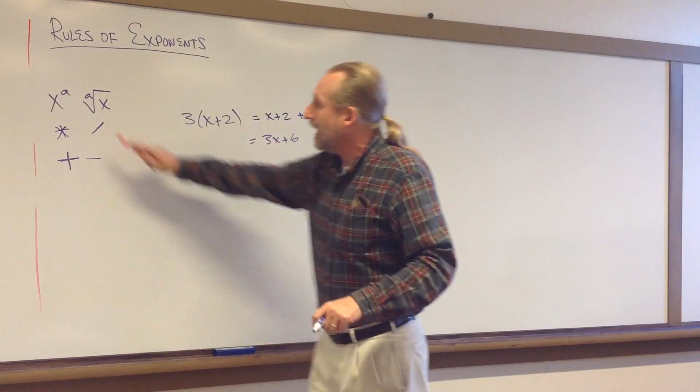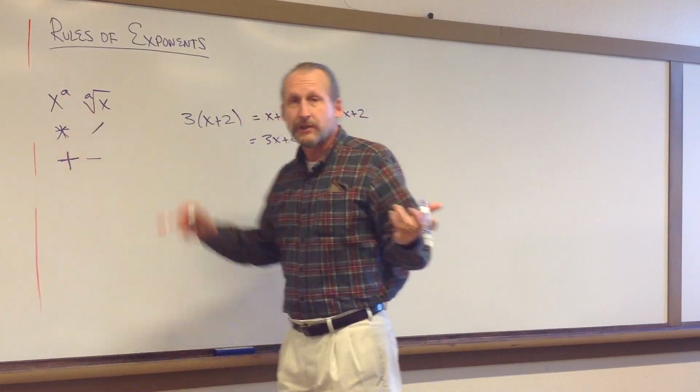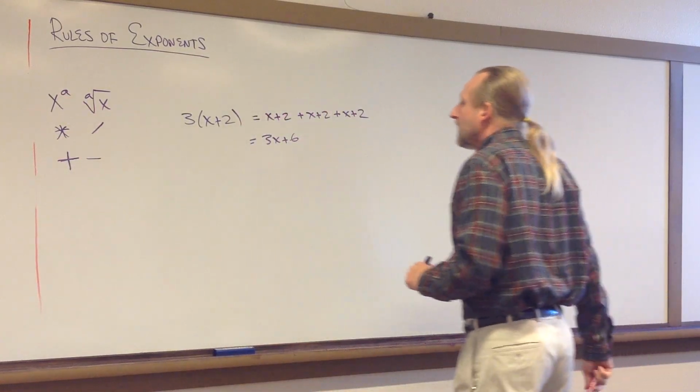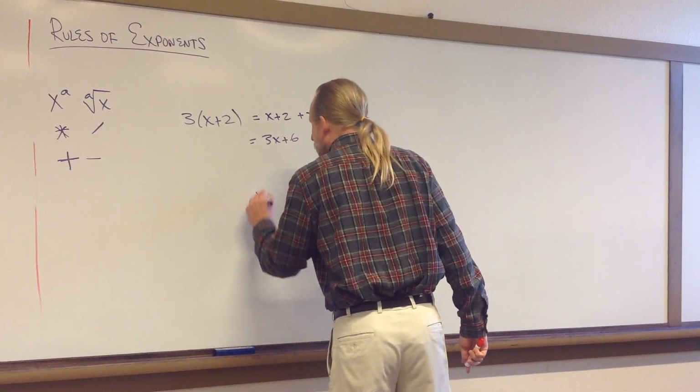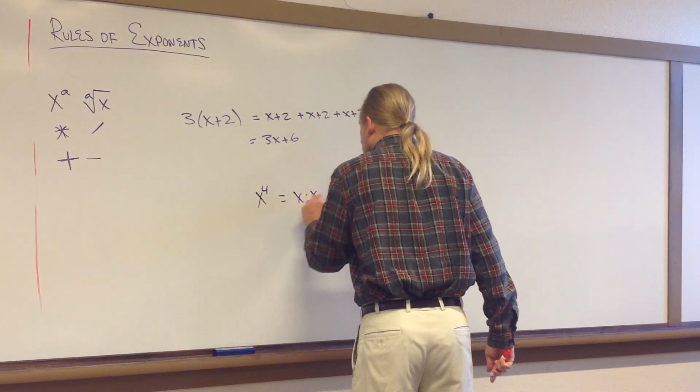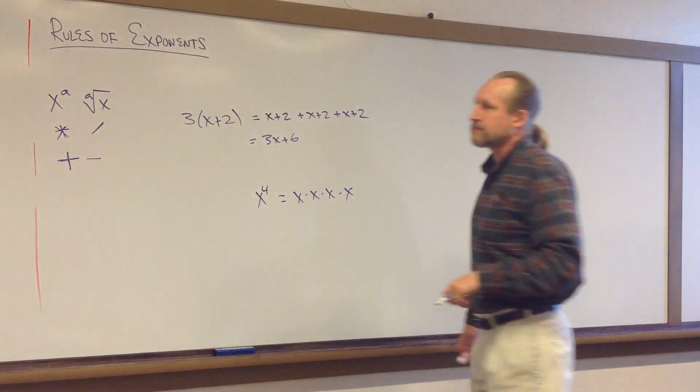Okay, now exponents are essentially repeated multiplication, right? If you have x to the 4th power, that's x times x times x times x.